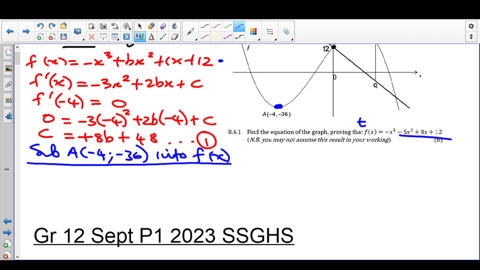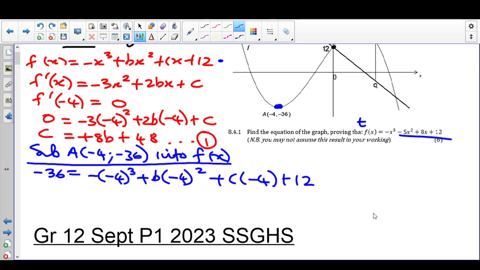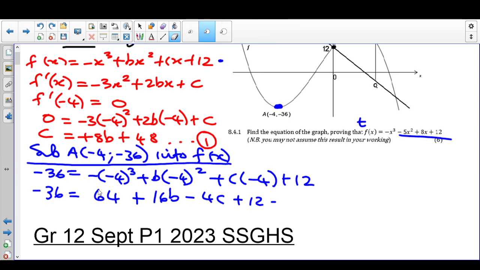So negative 36 is equal to negative of negative 4 cubed, which is plus 64, plus b times negative 4 squared, which is 16b, plus c times negative 4, minus 4c, plus 12.